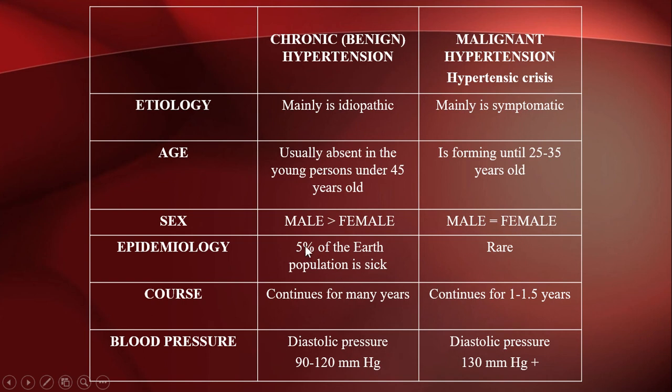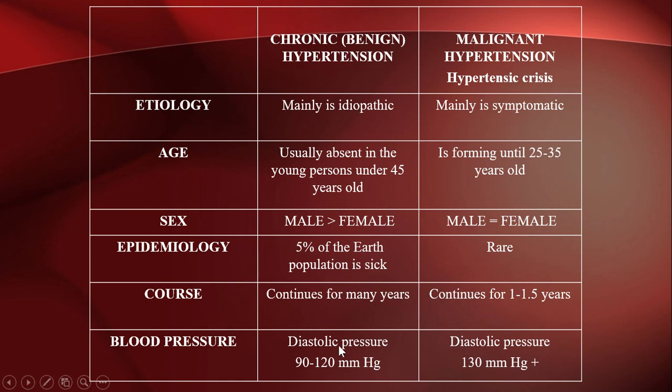55% of the earth's population suffers from chronic hypertension, but hypertensive crises are rare. The course of chronic hypertension continues for many years, but hypertensive crisis continues for 1.5 years.